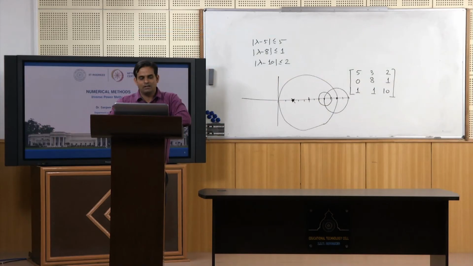So, the shifted inverse power method with this fixed shift alpha is nothing but the power method, where the matrix A is replaced with a new matrix (A minus alpha I) inverse.